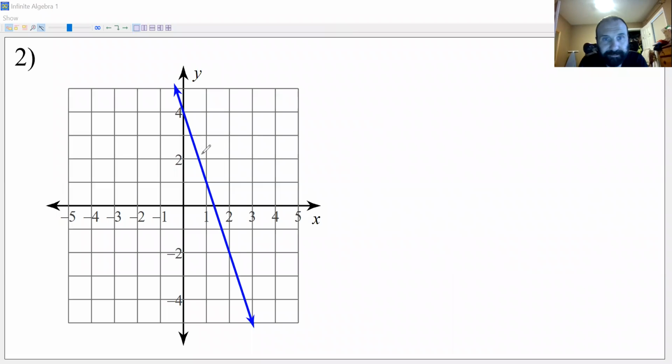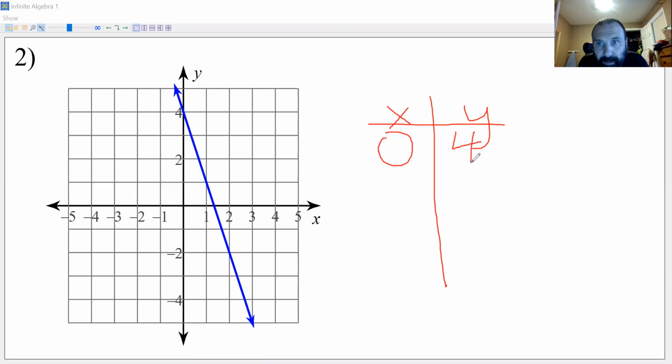So now this one, again, I want to make an XY table, and I'm just going to make some points from there. So I'll always start with this one because that's nice. 0, comma 4. All right. Then I look over here, 1, comma 1. Looks like that's a point right on the line there. 1, 1.